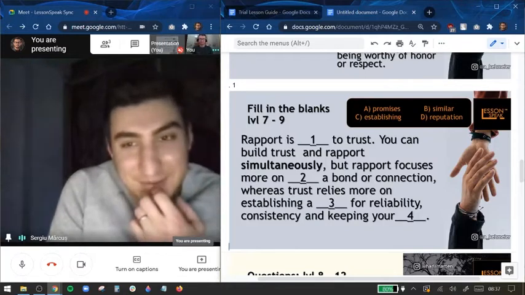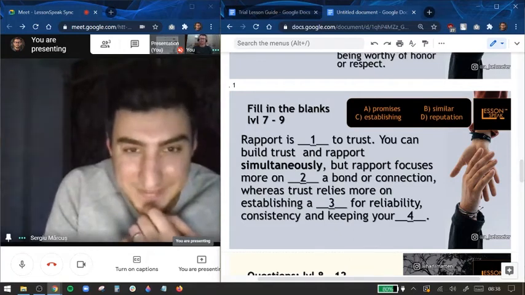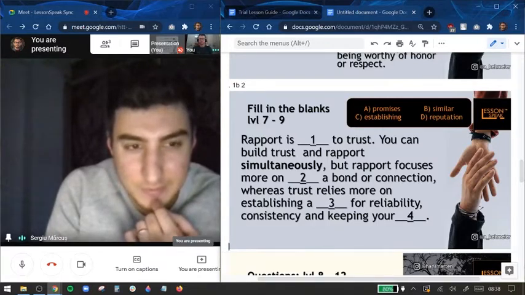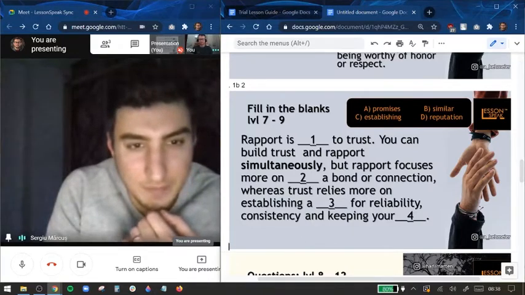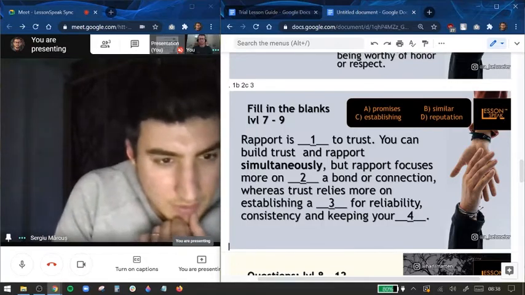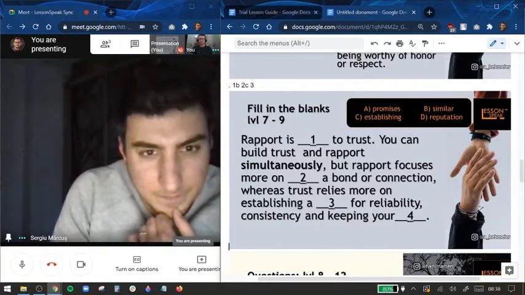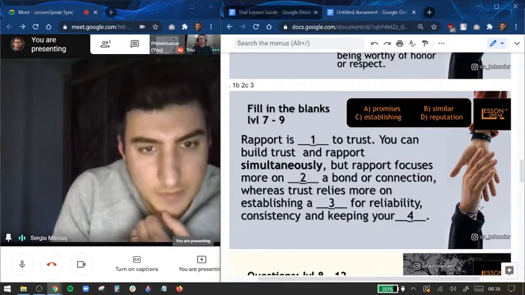Okay, now it gets complicated. Rapport is similar to trust. You can build trust and rapport simultaneously, but rapport focuses more on establishing a bond or connection, whereas trust really relies more on a reputation for keeping your promises.